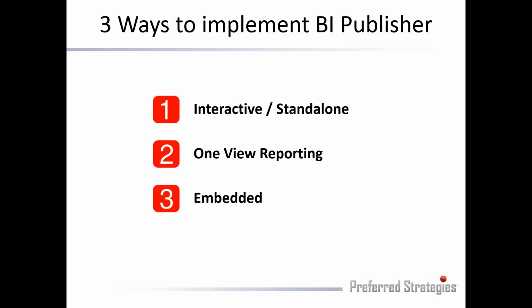As far as BI Publisher, there are really three ways to implement BI Publisher that we're going to speak to today. Our primary element for this session is number one here, which is BI Publisher Interactive or Standalone. In essence, we call it our BI Publisher Enterprise. It's from Oracle.